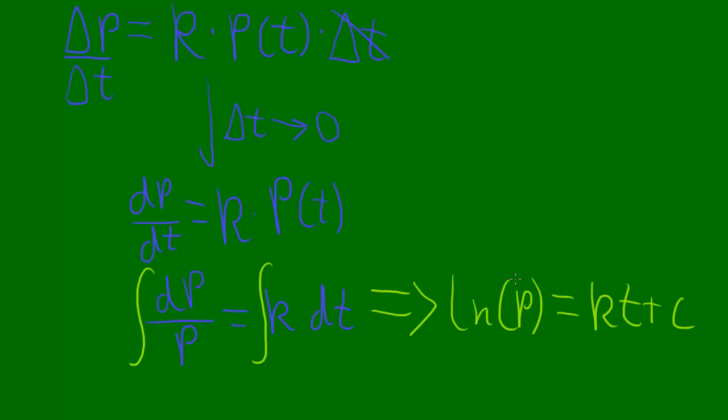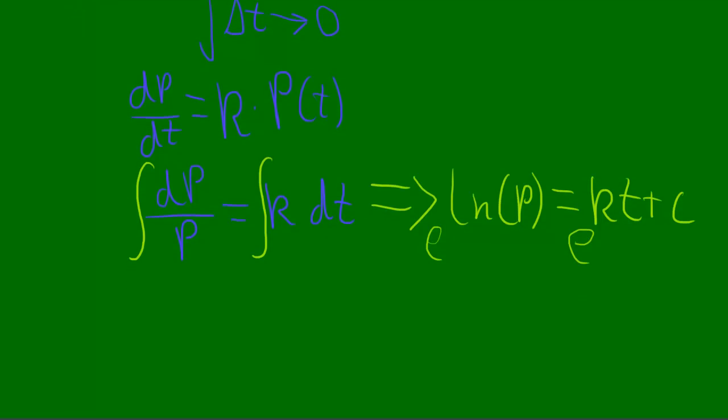And now we can solve this equation for p by simply taking e to the power of each side, exponentiating each side, you could say. So e to the ln p is just p, and that gives us e to the kt plus c, but we can use our exponent rules here.